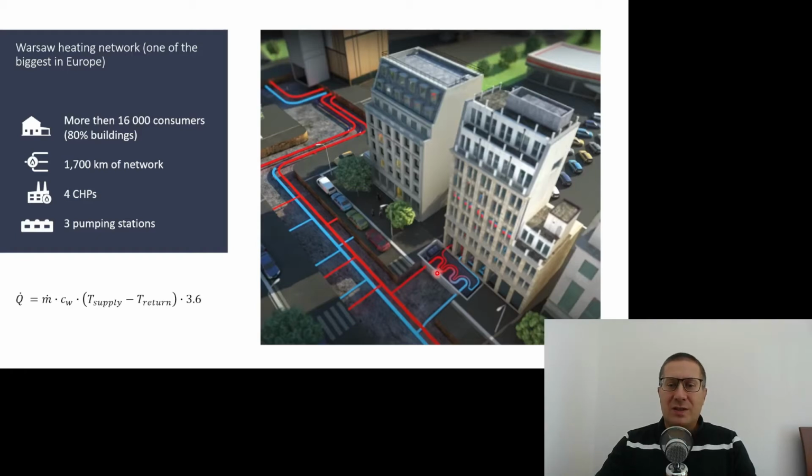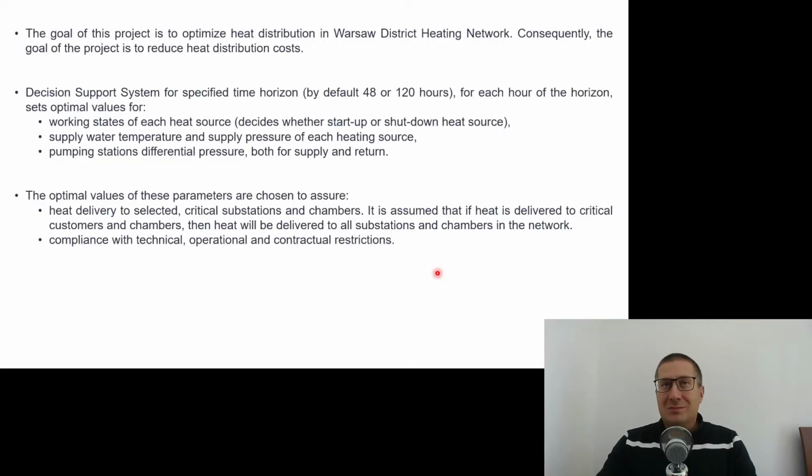We have chambers that can be controlled from the centralized dispatcher center. We can say that this is an intelligent district heating network with a lot of interesting measurements that are sent directly to the data warehouse. And this is a great place for data scientists. If you have a lot of interesting data, we can do something with this.